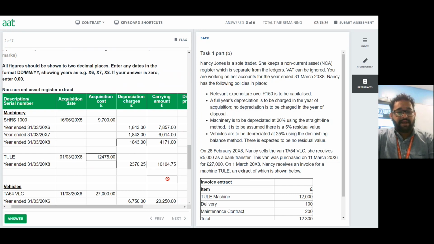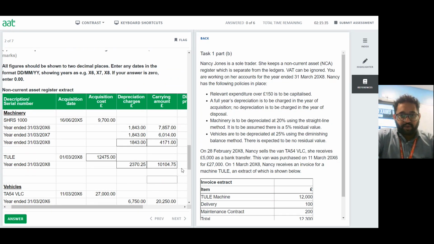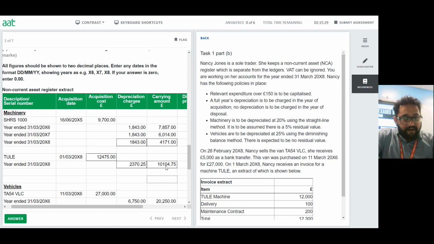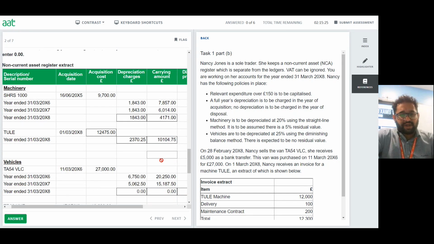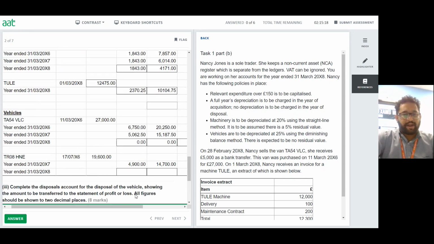So this will be the right answer for this one. And then also there is a small box here. I don't know why, but that's nothing to be filled because when I put the cursor over it, it is actually saying nothing there, so not to worry about it here.